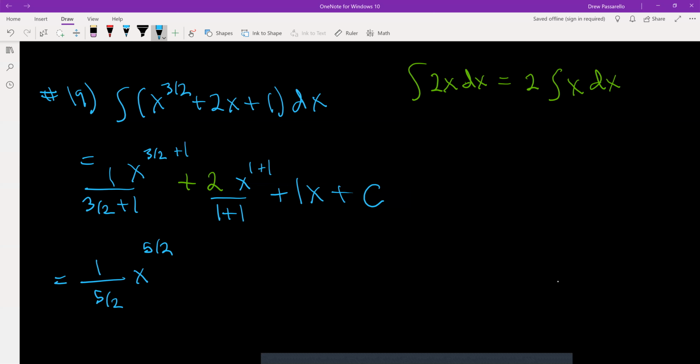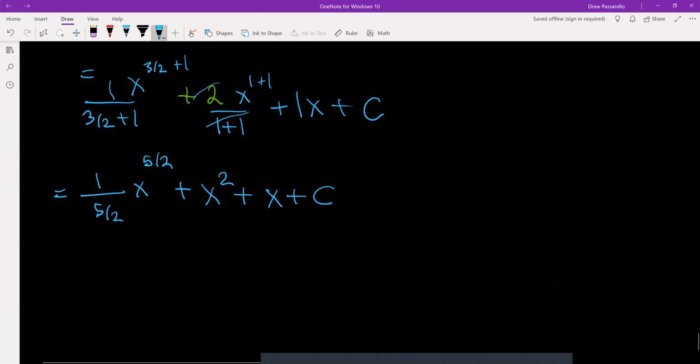And then here I have 2, and the 1 plus 1 is 2, so I can divide these out, and that just gives me x squared, plus x plus c. And the 1 over 5 halves, you take the reciprocal of that, it's 2/5. So it's going to be 2/5 x to the 5 halves, plus x squared plus x plus c.